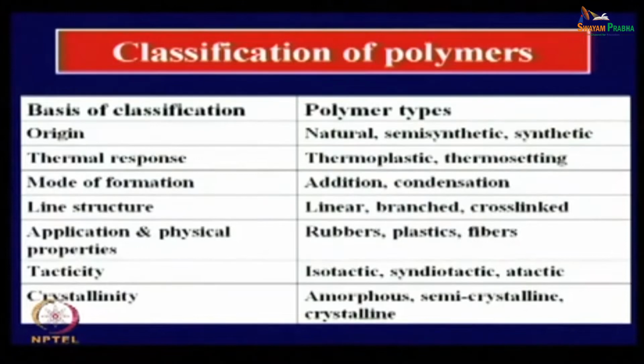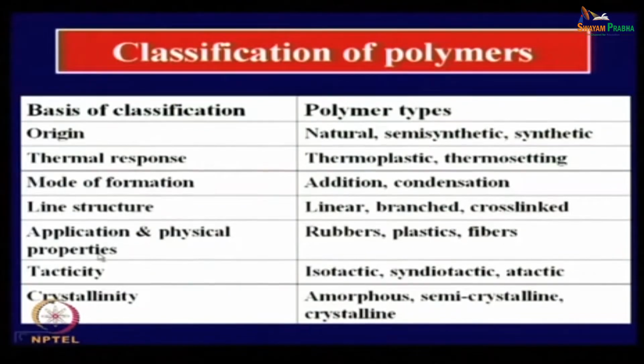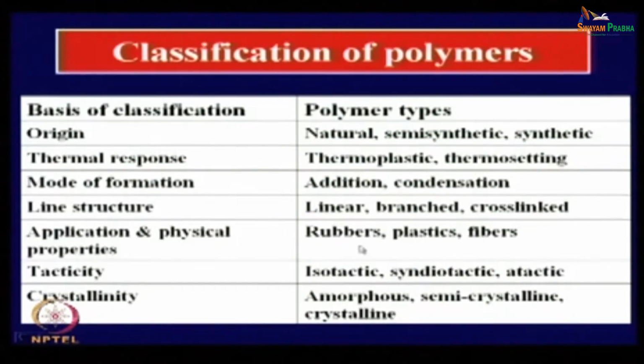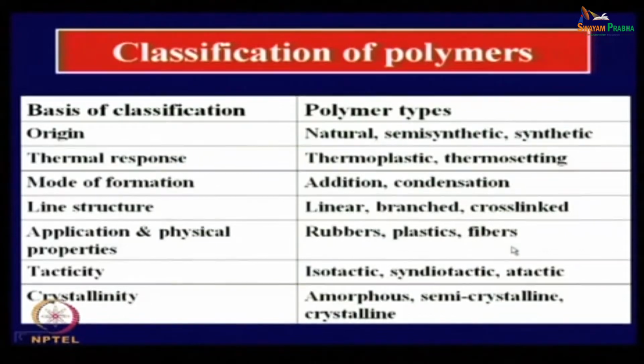And on the basis of application and physical properties, we find rubbers, plastics and fibers. Of course, there are differences in these different names in each category, we will explain later.